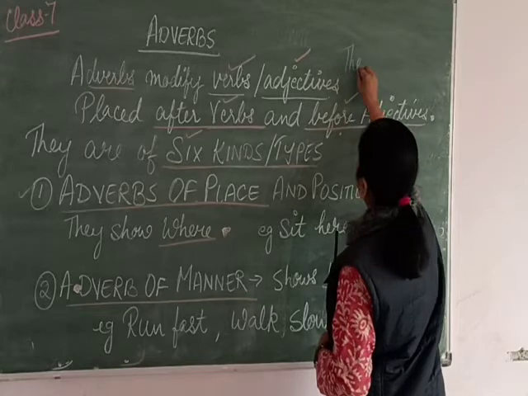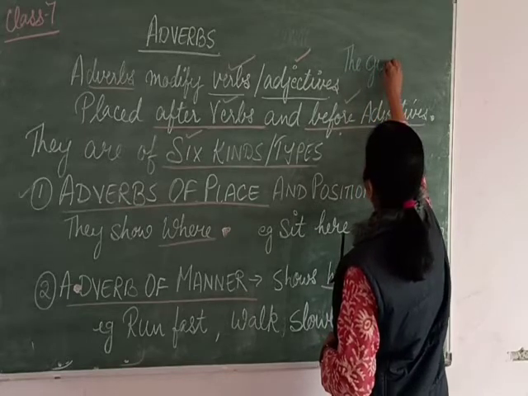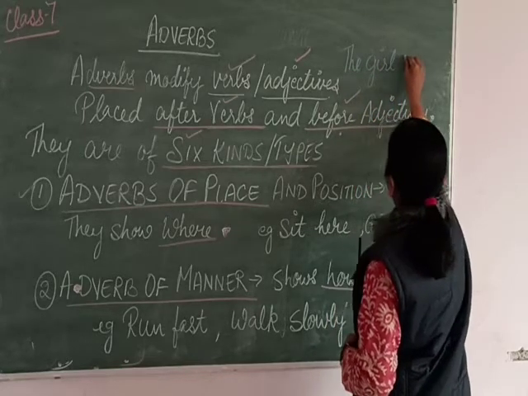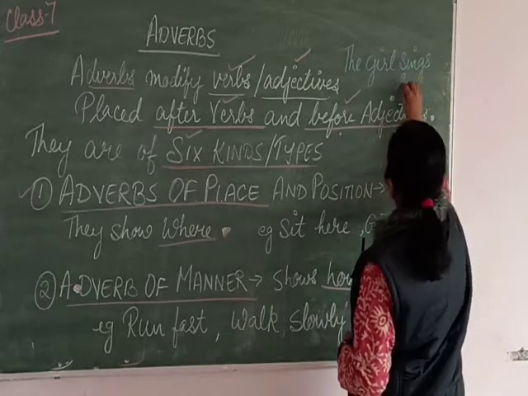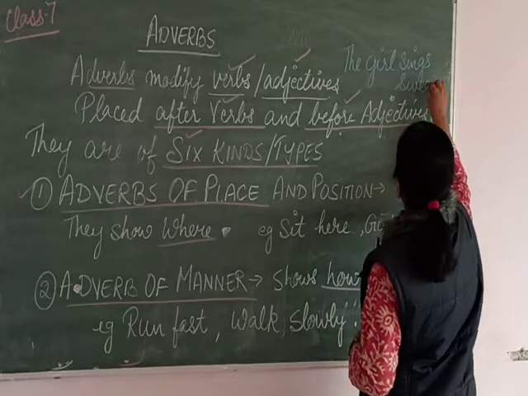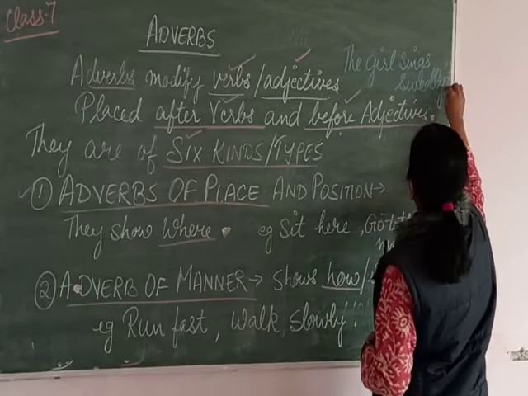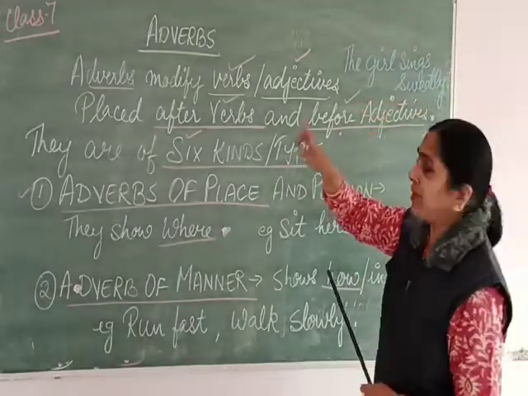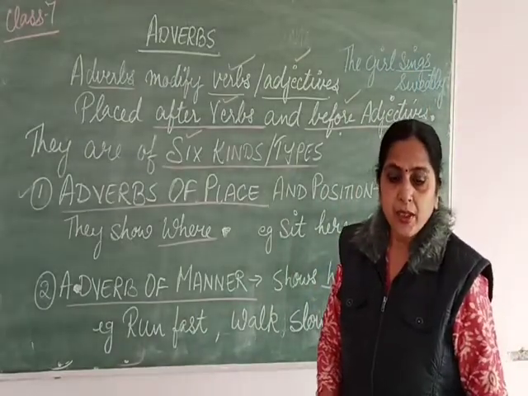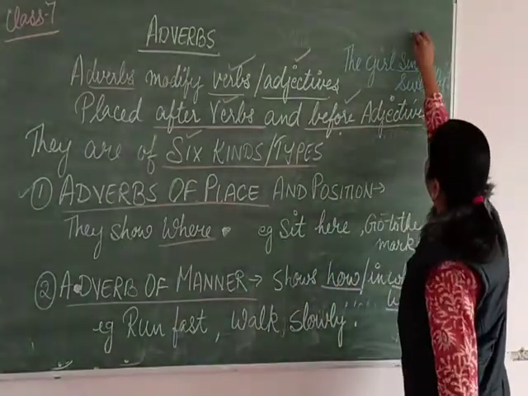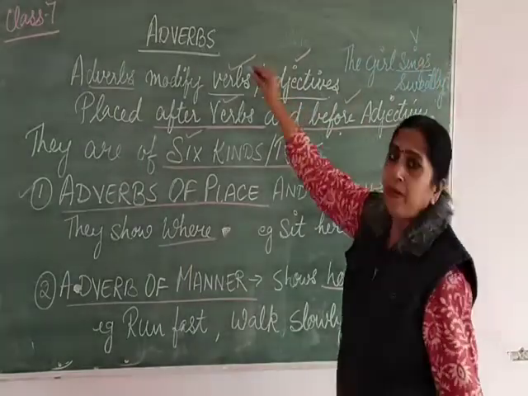Suppose, for example, the girl sings sweetly. So what is the verb over here? Yes, it is sings. She is singing a song. So the girl sings is the verb, and what is the adverb over here?